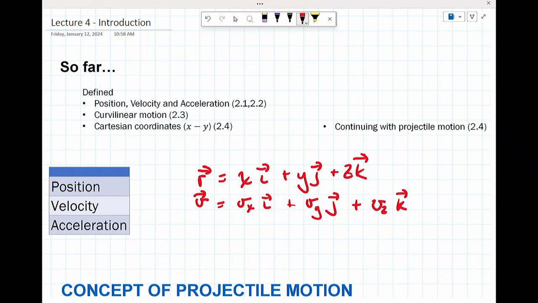Position is xi, yj, zk; velocity is vxi, vyj, vzk; and finally acceleration, which equals axi plus ayj plus azk.